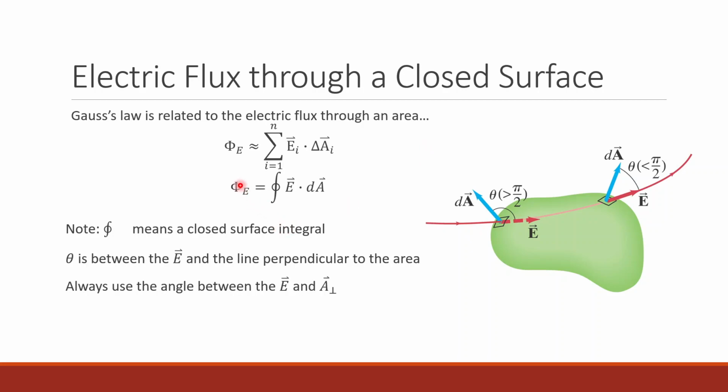So we have our electric flux, which is approximately equal to the summation of the electric field, E, dotted into our change in area. Or we can write this as an integral, and this is actually called a closed surface integral.